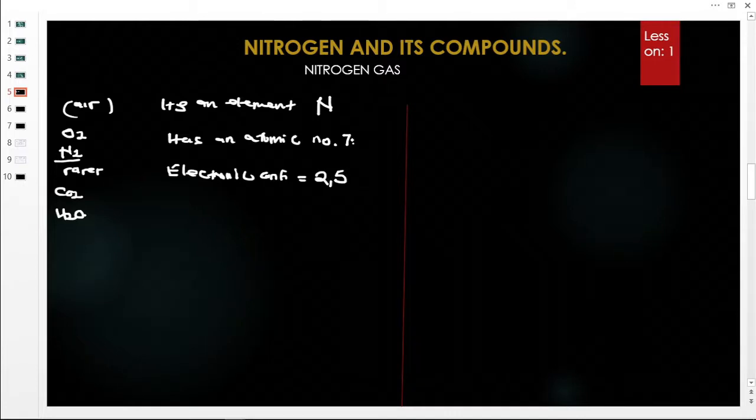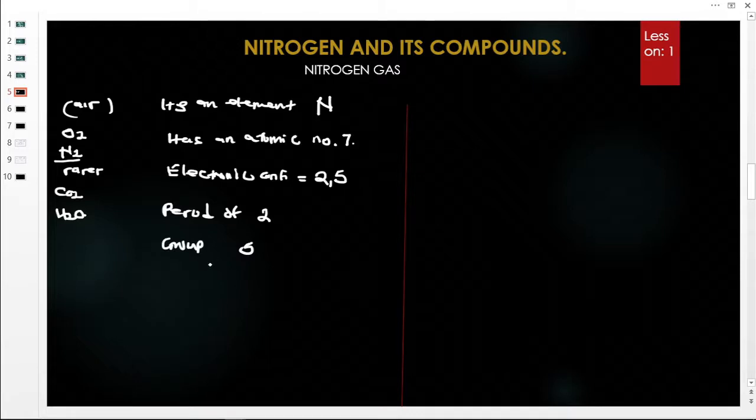This makes a total of 7. So it is 2,5, and this makes nitrogen belong to period 2, because it has 2 energy levels. It will then be in group 5 on the periodic table.